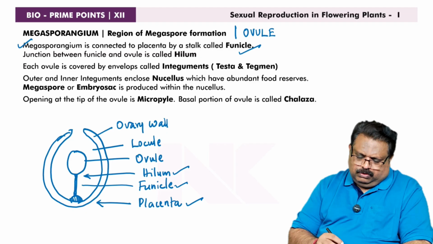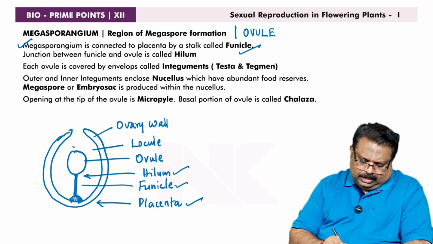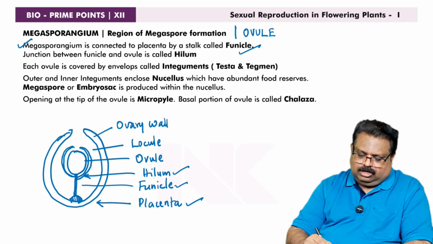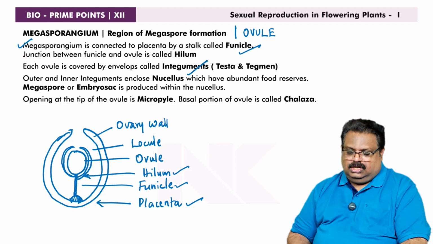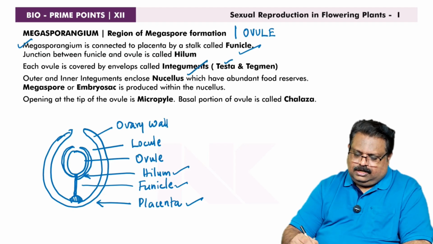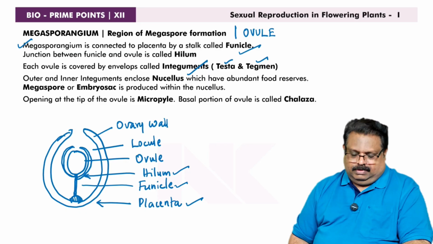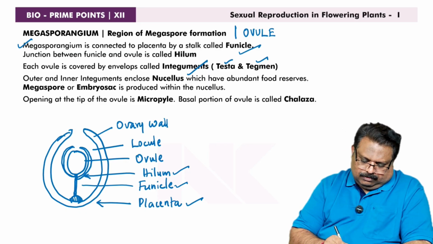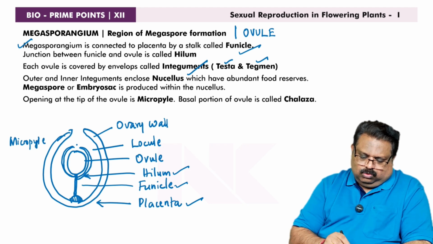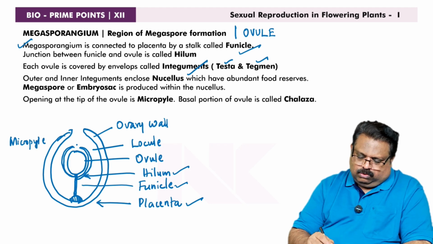Now, each ovule is covered over by 2 types of envelopes. These are the envelopes of the ovule. Outer and inner envelope. They are collectively called integuments. The outer integument is called testa, the inner integument is called tegmen. And there is an opening at one point. That opening is called micropyle. Outer and inner integuments enclose a tissue.